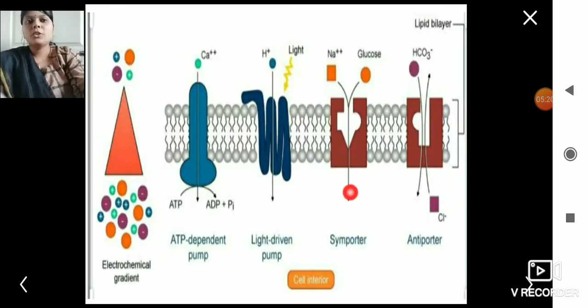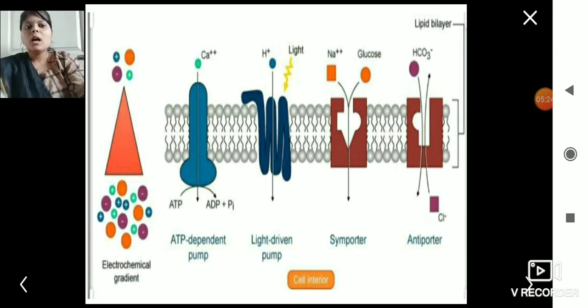So this is another picture in which you can actually see how the transport happens. See, the electrochemical gradient is being shown here. So depending on the concentration, the electrochemical gradient also works. It is not going to allow lots of positive ions or lots of negative ions. It has to balance the concentration.